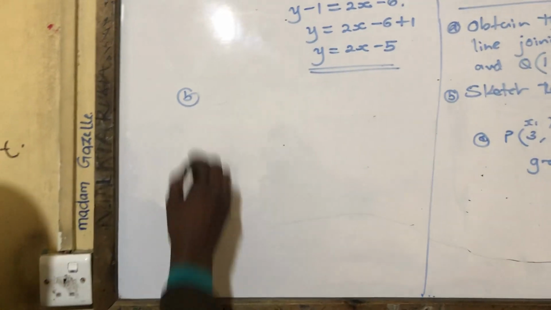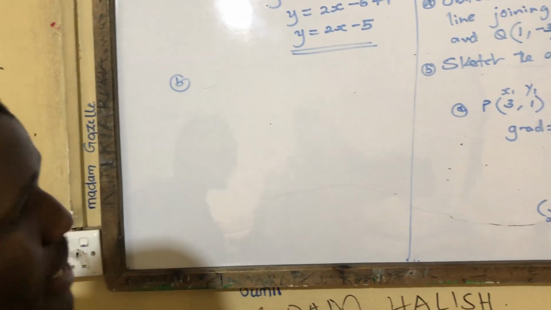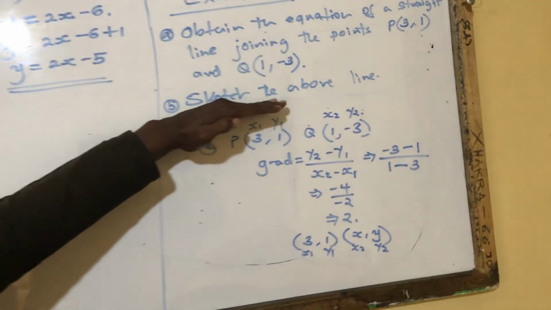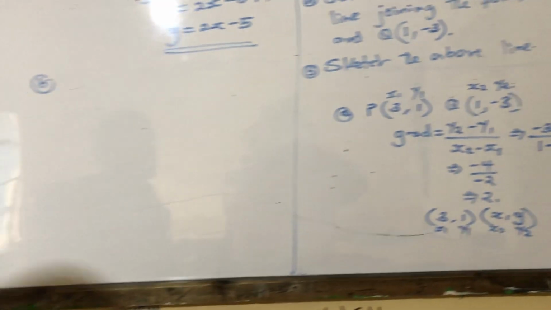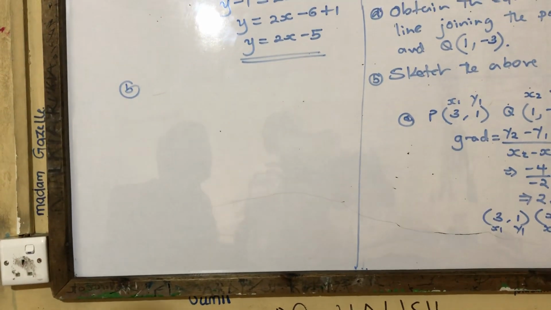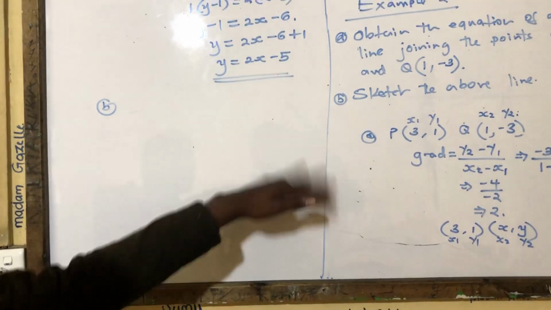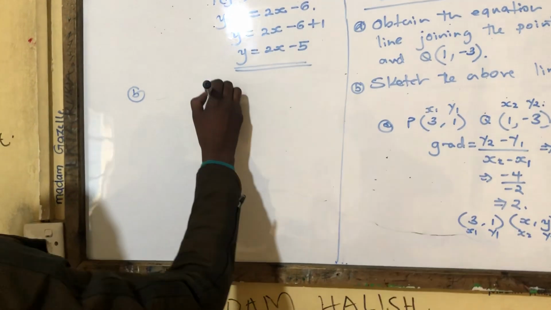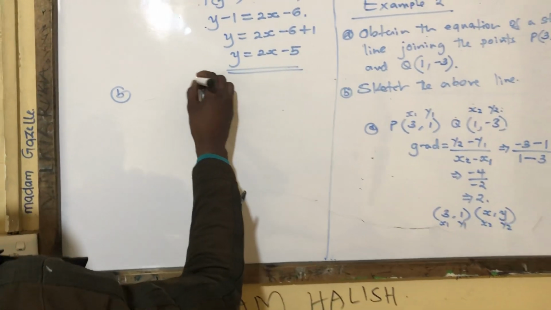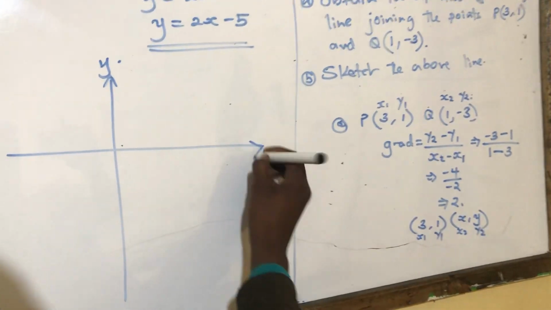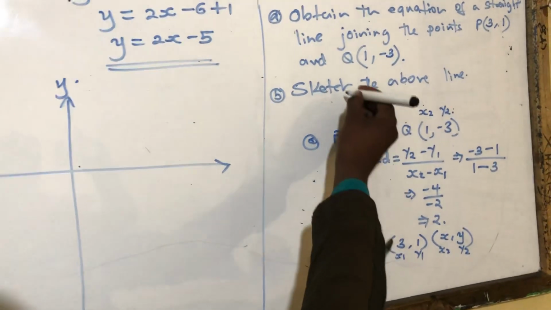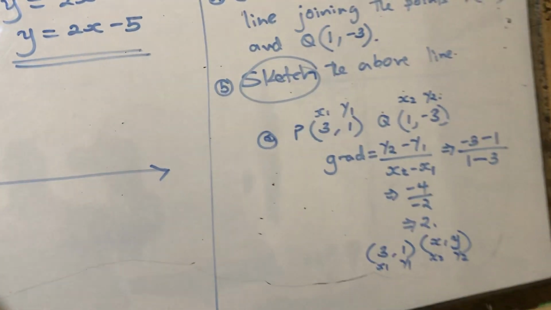Which brings us now to part B. In part B, I have again requested you to sketch the above line. How will the line look if we sketch it? Let's try sketching the line. To sketch the line, I'll come up with my y-axis and the x-axis. Take note, the keyword here is sketch.